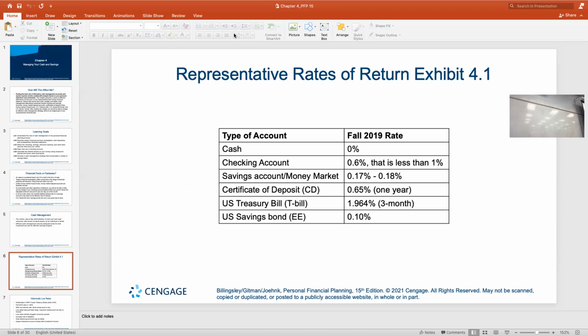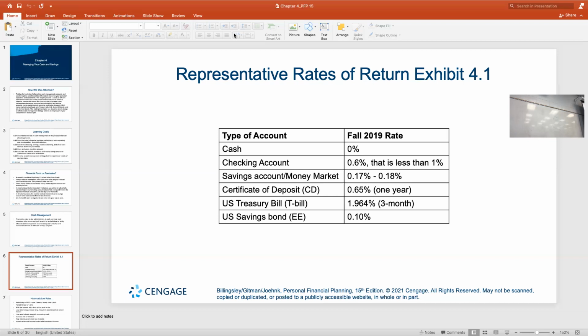So these could go up and down. The rate that you're getting can go up and down. It can actually be negative on occasion. But over the long run, the reason people might put money in a money market account instead of just a cash savings account is because you can make a little bit of interest, but not a whole lot. It's still going to be less than 1%.